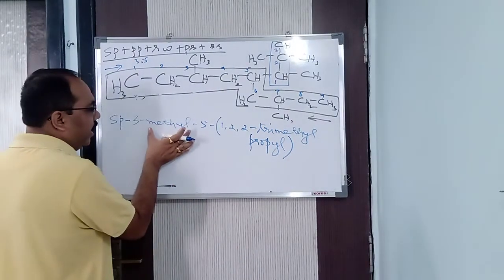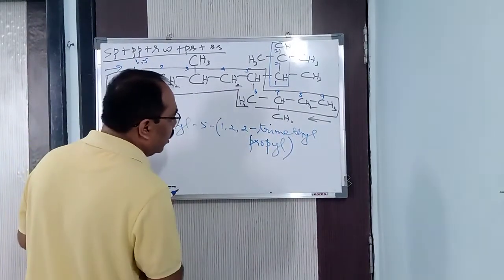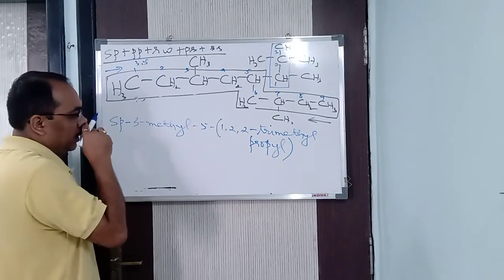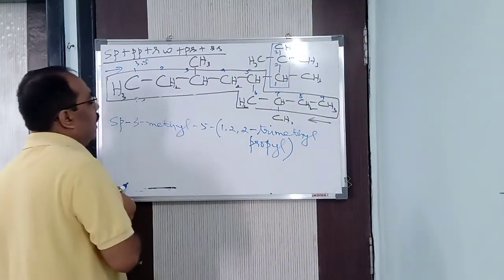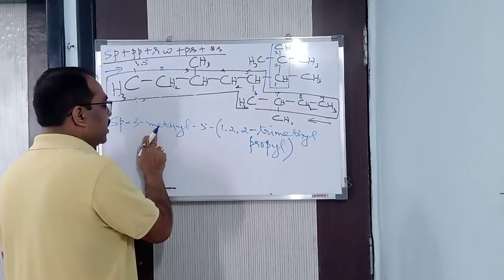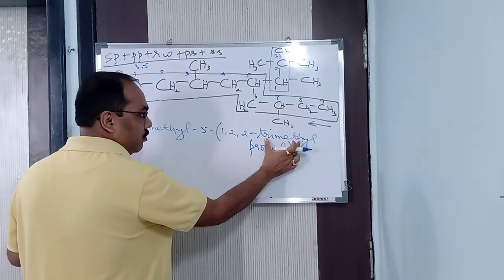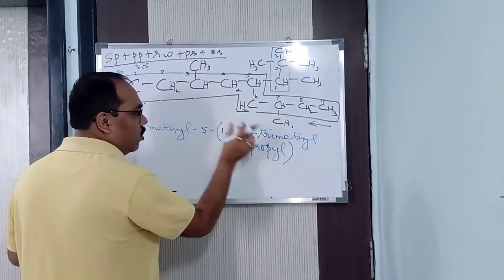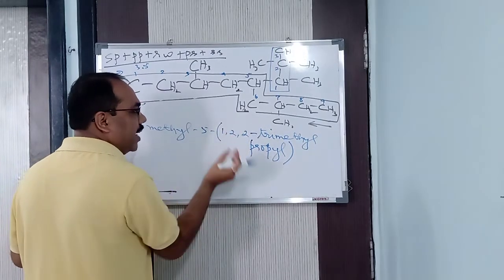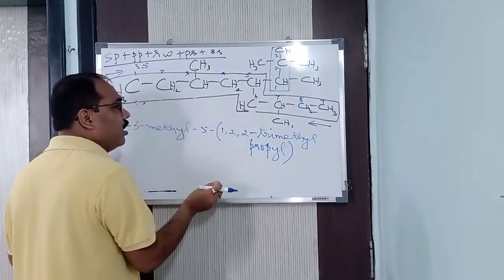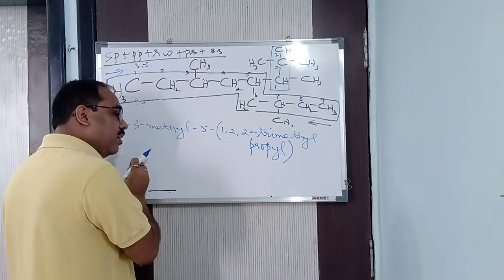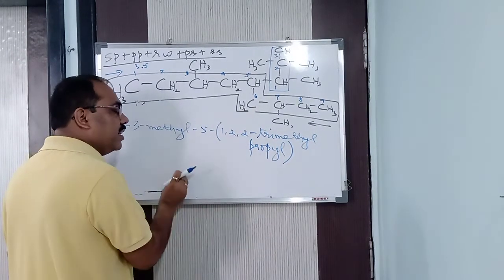And when you are writing it, this should be in alphabetical order. Now, here that is methyl and tri. So trimethyl is one word. Now, I told you that mono, di, tri, tetra, penta are the numerical prefixes and they are not included in the alphabetical order while writing the IUPAC name.